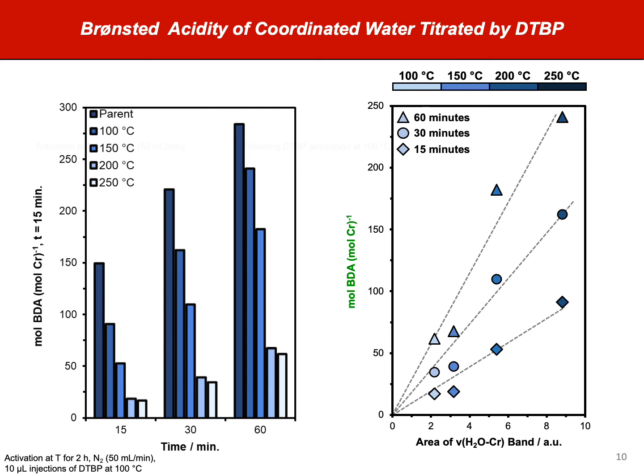Not only that, but at every single time point, we see that the net turnover number increases linearly with the area of the water peak. So this is providing evidence for the participation of these water molecules as Brønsted acid sites in acetalization at room temperature over MIL-100 iron.